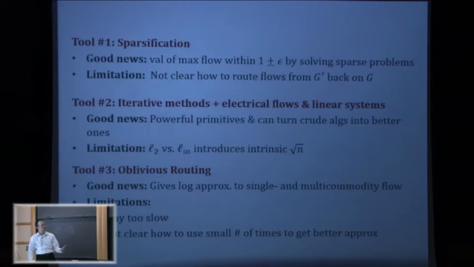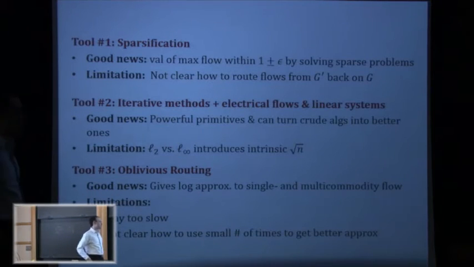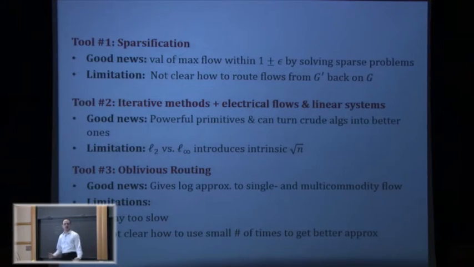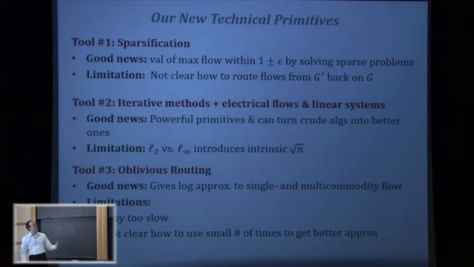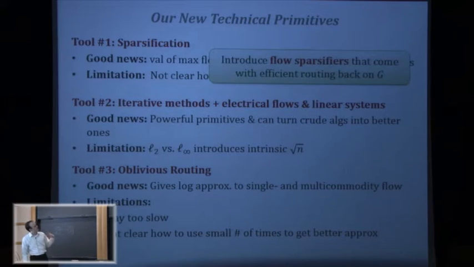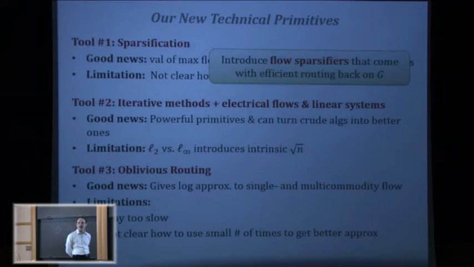And largely, our whole algorithm is motivated by trying to cross off the limitations here. Our new technical primitives are going to solve each of these separately, basically. So for sparsification, which we're really going to need, we're going to introduce what we'll call flow sparsifiers, with slight apologies to other people who have used the same word for other things, but we couldn't think of a better word.